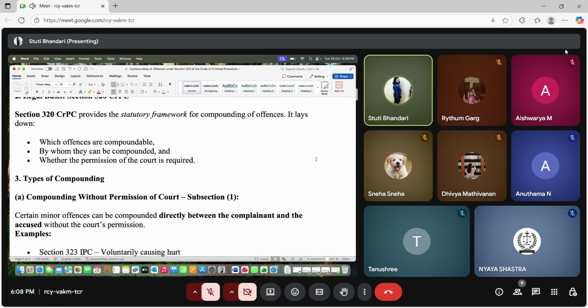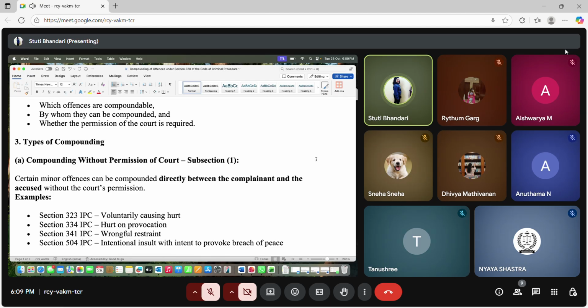It has basically two categories of offences. First, those which can be compounded without permission of the court. If there is a minor offence like section 323 IPC, voluntarily causing hurt, 334 hurt on provocation, wrongful restraint, intentional insult, such small offences wherein the punishment is 1 to 2 years, the parties can directly talk with each other, negotiate, and compound the offence without the permission of the court.